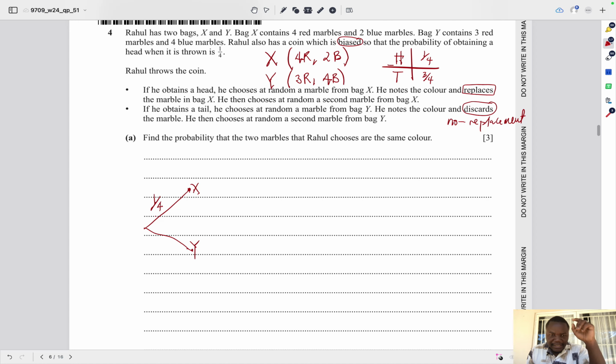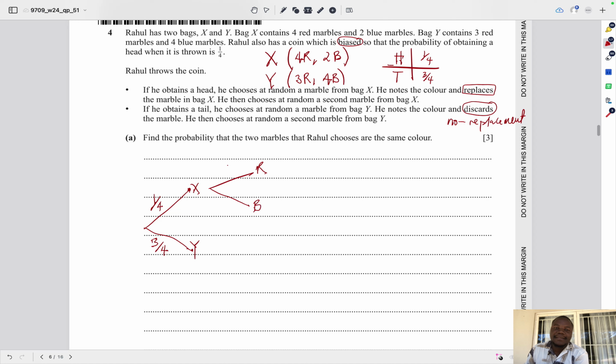So we've got a quarter chance of picking balls from bag X, and then a 3/4 chance of picking balls in bag Y. Now remember, when we choose bag X, we are going to look at the first pick. Remember we've got 4 red balls. So this is going to be red, and that is going to be blue.